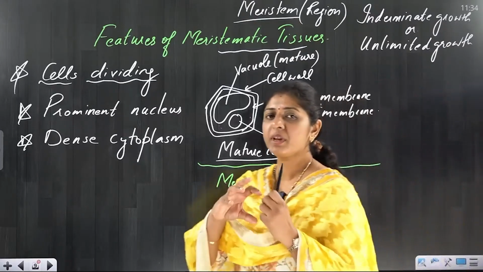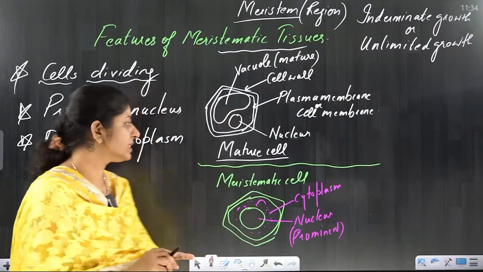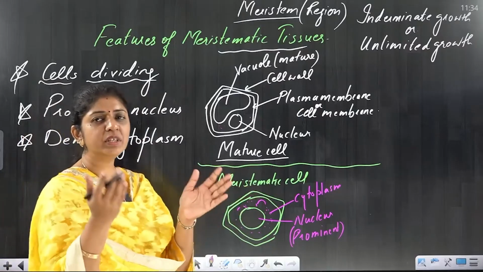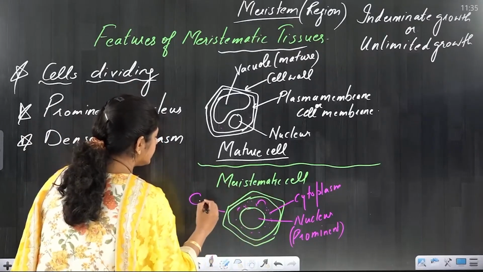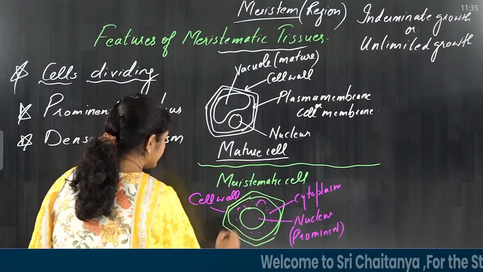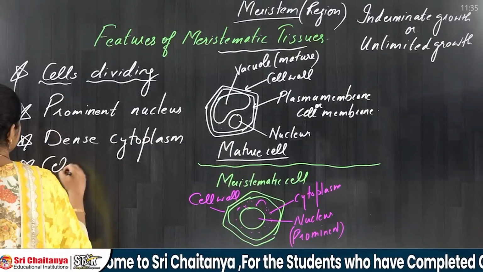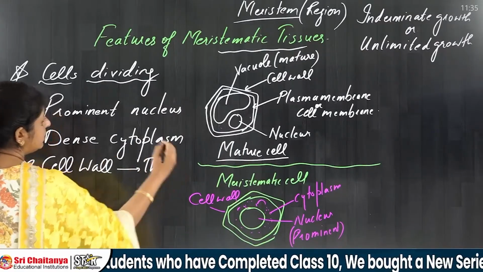Now, if you want to break something, obviously its outline must be thin. In the same way here, if the meristematic cell wants to divide, obviously their outer layer, what is that? Cell wall. So can I say here the cell wall is going to be thin, because they need to divide.